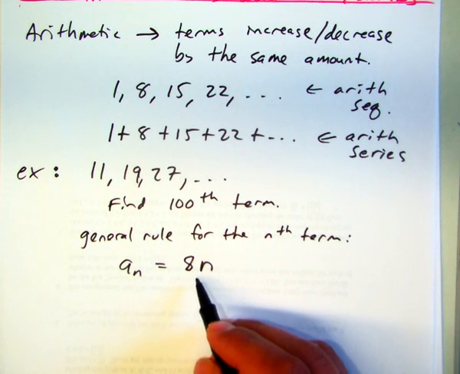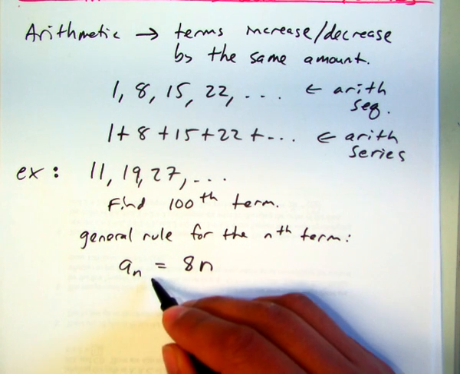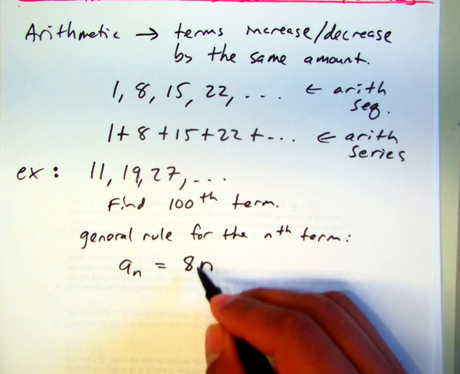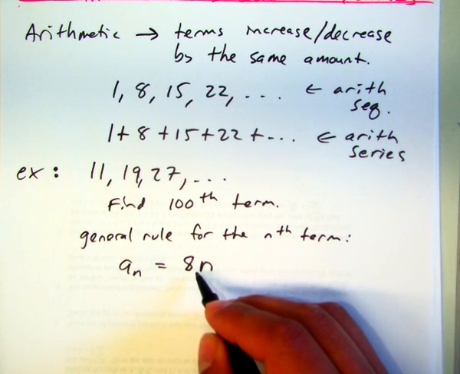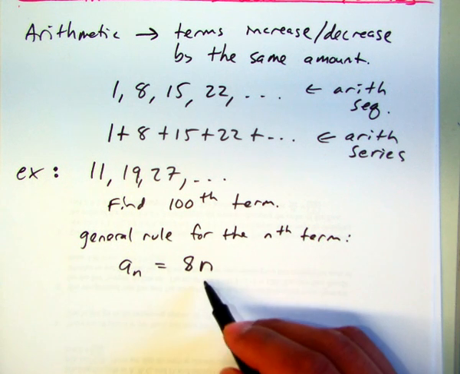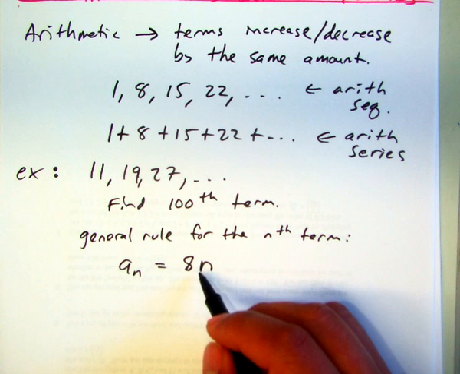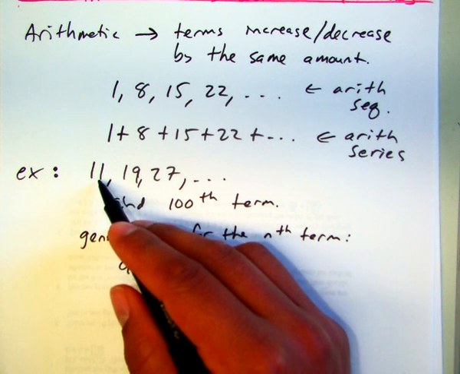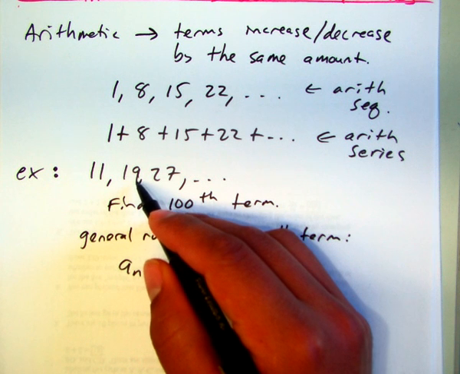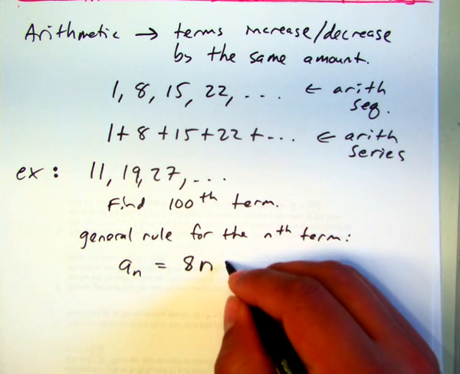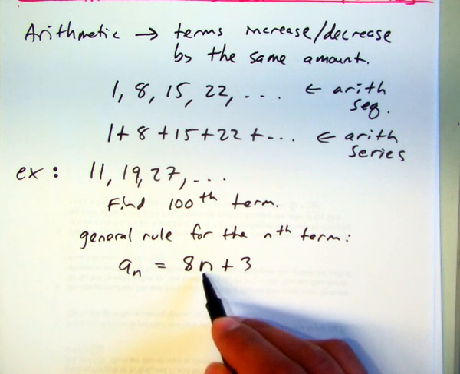Then all you do is adjust so that when you plug in 1, you are at 11, and when you plug in 2, you are at 19. When you plug in 1, you get 8. Well, we need to add 3 to get to 11. If you plug in 2, you're at 16, and you still need to add 3 to get to 19. So the general rule would be 8 times n, and then add 3 to it.